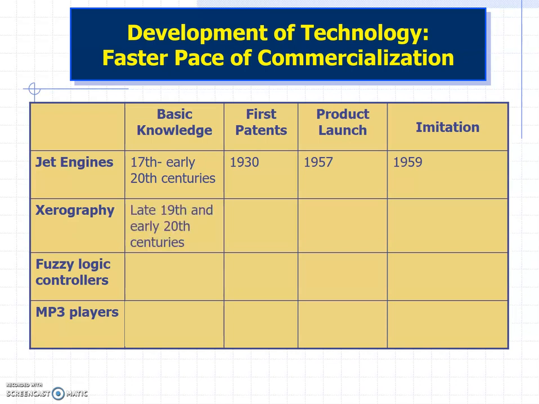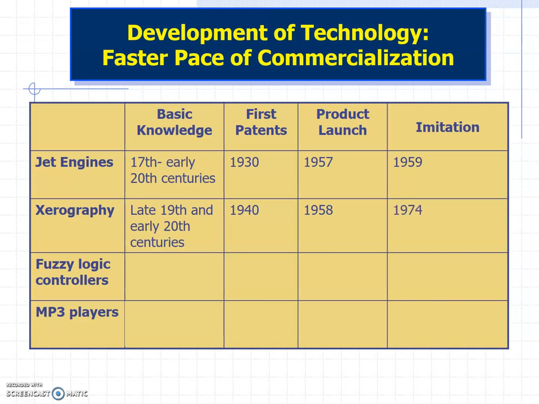Xerography: the basic knowledge came out in the 19th and early 20th centuries. First patent was in 1940. The product was launched in 1958, so it was just 18 years versus the 27 years for the product launch of jet engines. And then imitators came out a bit later.